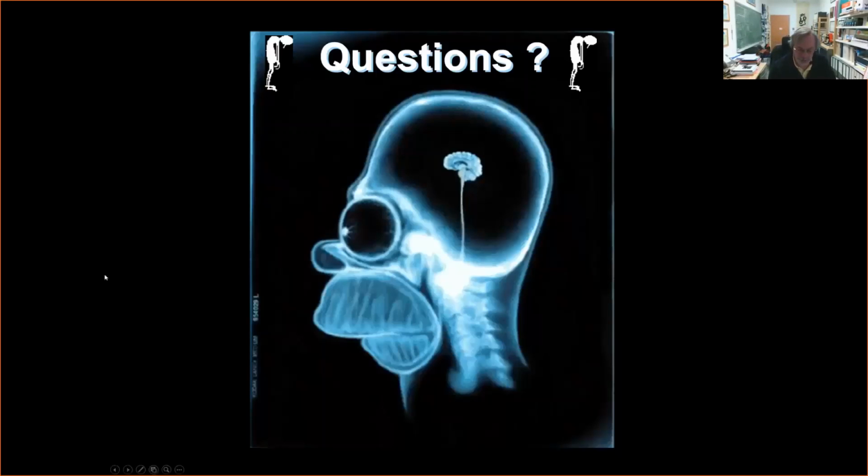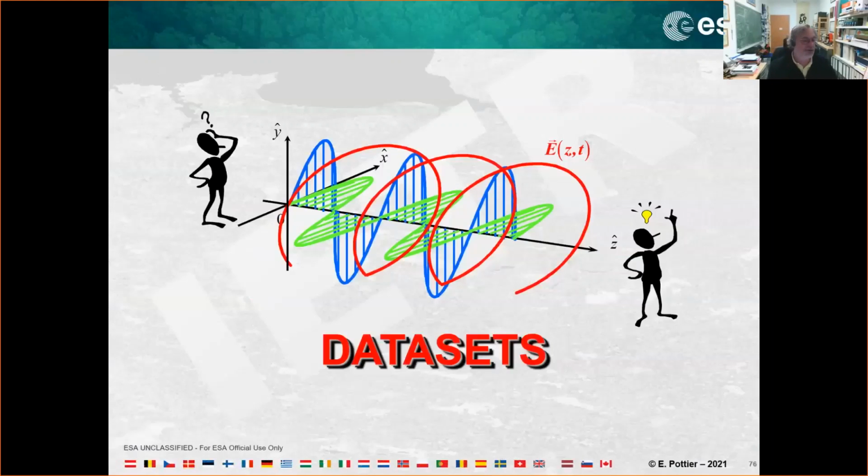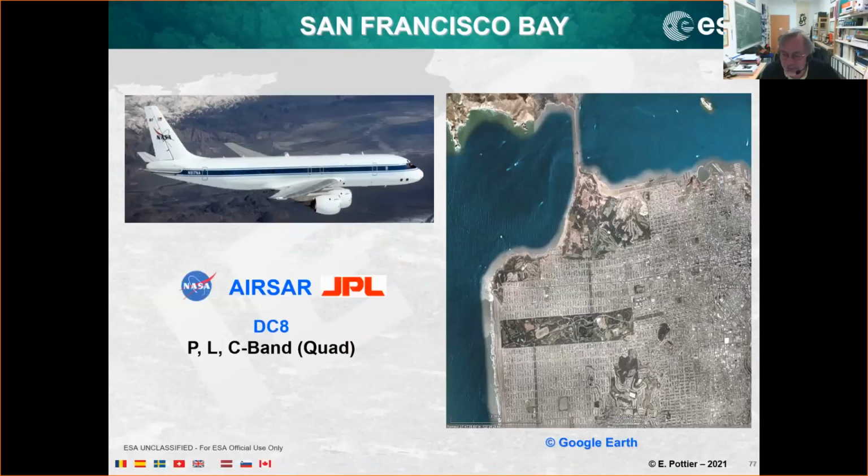Okay, so if you have no more questions, we are going to go into the details of the theory. And to illustrate my presentation, I shall use, again, the San Francisco area, but measured this time by the airborne SAR system from JPL.